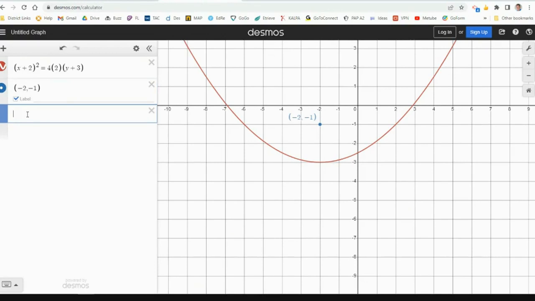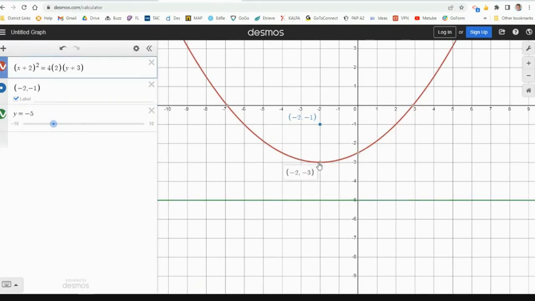And the directrix we said was the line y equals -5. So there is -2, -5, but it's that whole line. But you notice that the closest point at it, 90 degrees, is a distance of 2 away from the vertex. We're a distance of 2. There it is. So the vertex is halfway between there, as it should be.